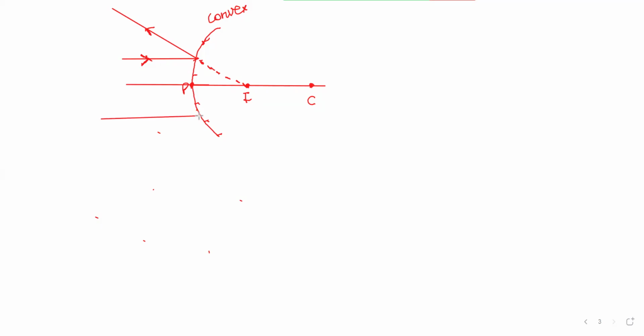So another ray which is parallel to the principal axis will be reflected, but the diverted ray appears to be diverted from F. For ray diagram, please always use straight edge to do that, because it must be straight, it must be neat.